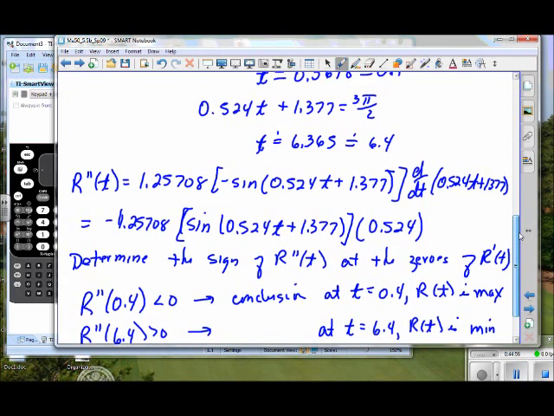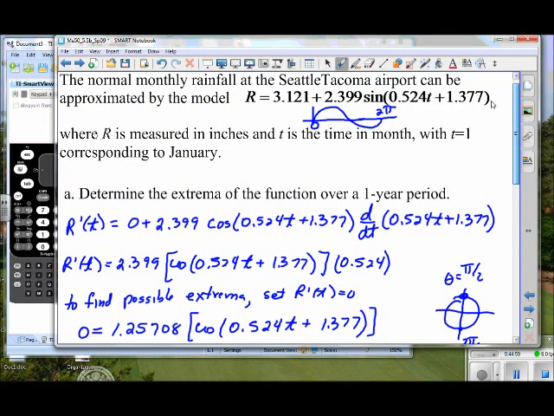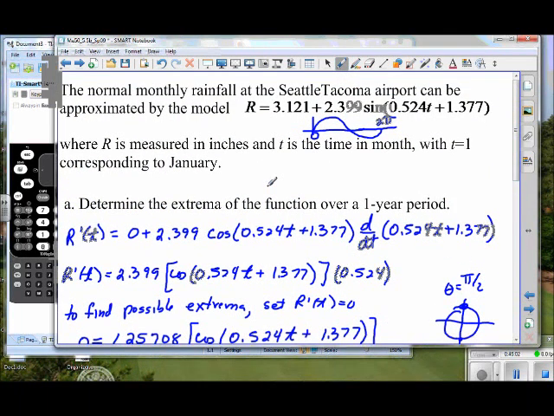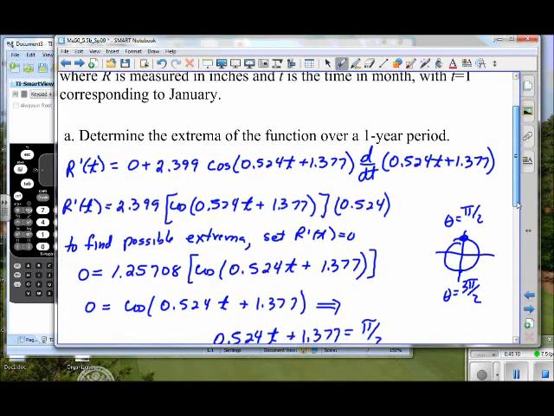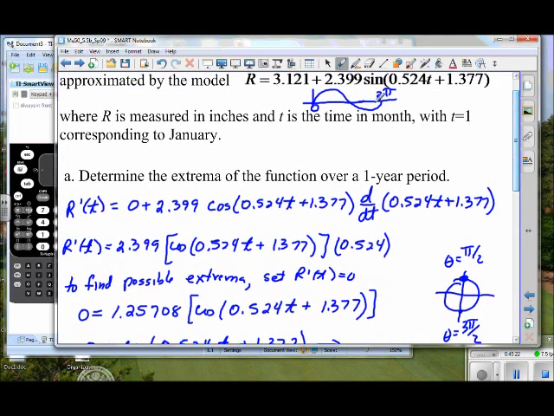Now let's go back and put this in relevance to the problem. We're talking about monthly rainfall at the Seattle-Tacoma Airport. t being 1 is January. We find that when t is 0.4, we actually have a maximum. Well, when is t equaling 0.4 in a year? If t is 1, this is a little interesting here.